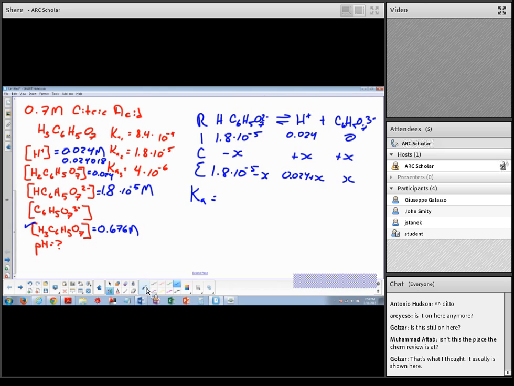And so then that's going to give me 0.024 times x over 1.8 times 10 to the minus 5, and that's all going to be equal to 4 times 10 to the minus 6.